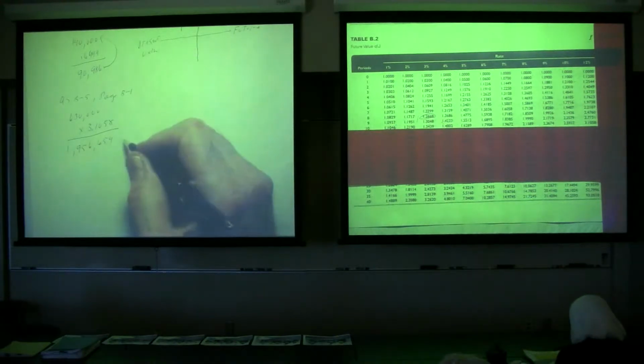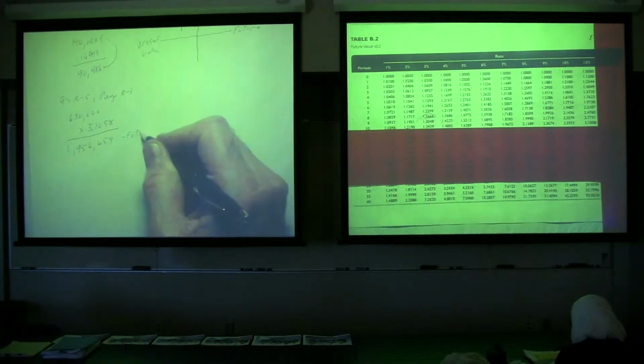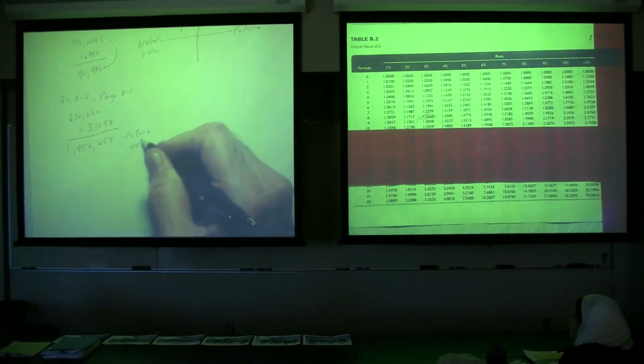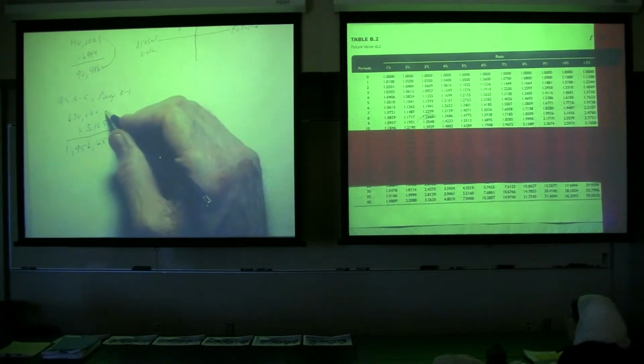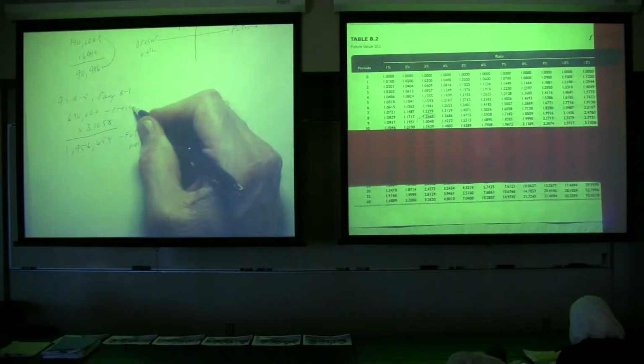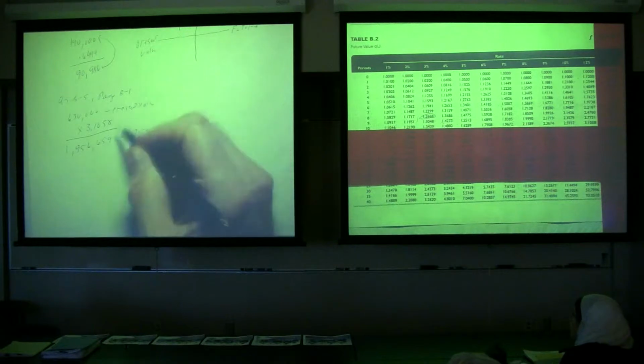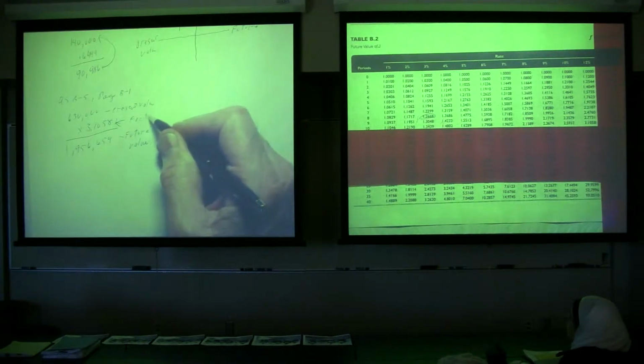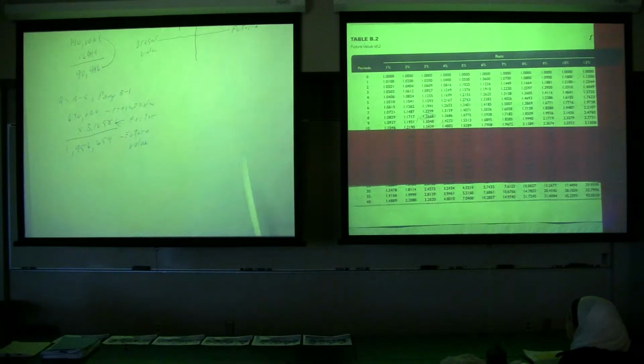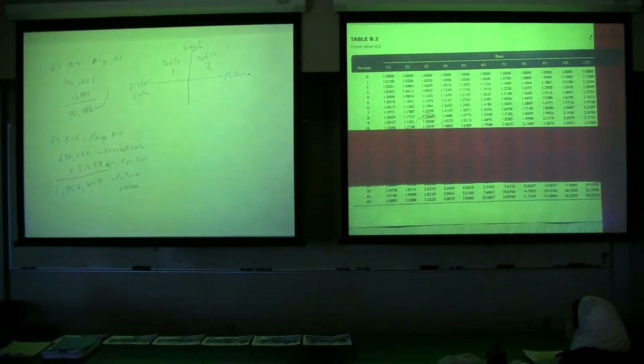So this is what we're looking for, the future value. Here is the present value, and then here is the factor, and the factor came off of table 2. Okay? Does that make sense?